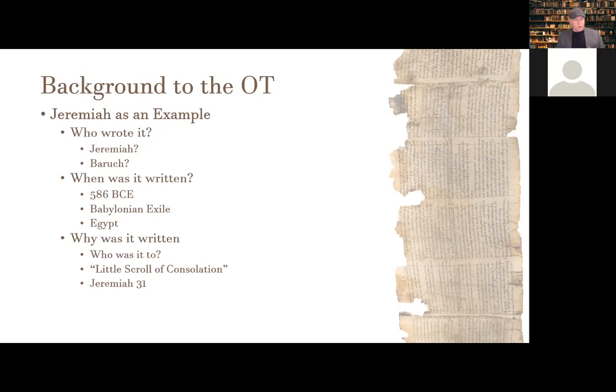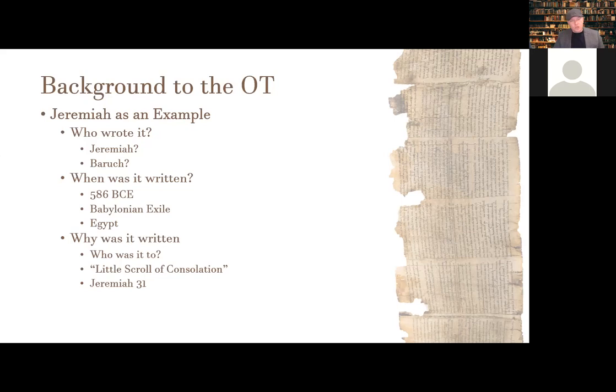Jeremiah also records one of the most time-marking events in the history of Israel, which is the destruction of the First Temple and the exile into Babylon.